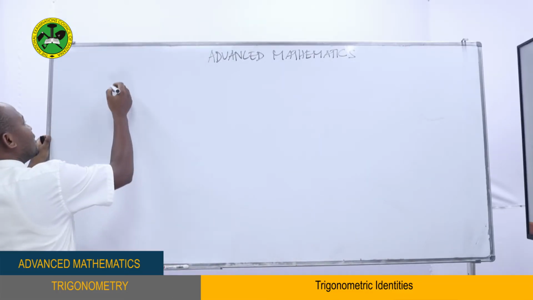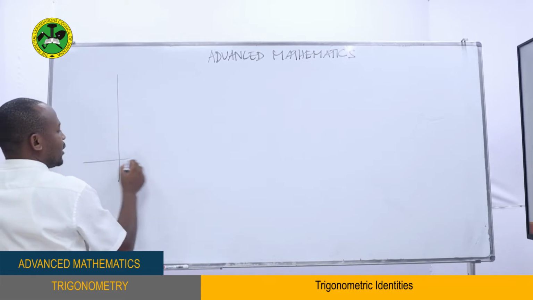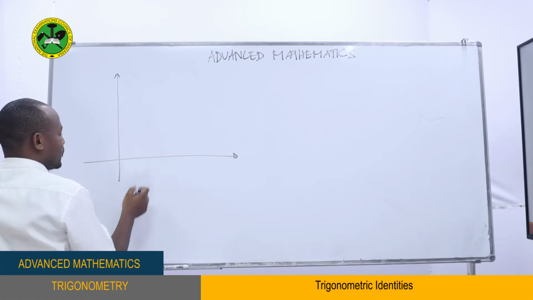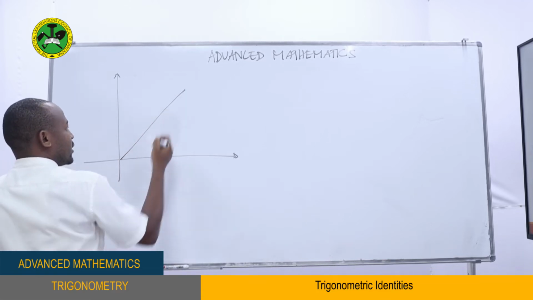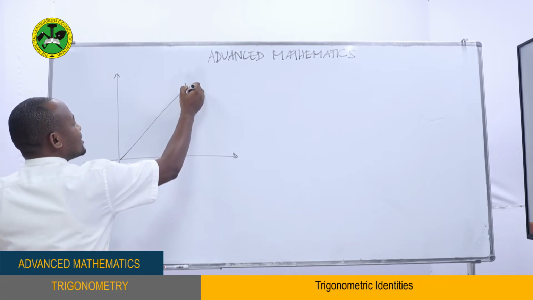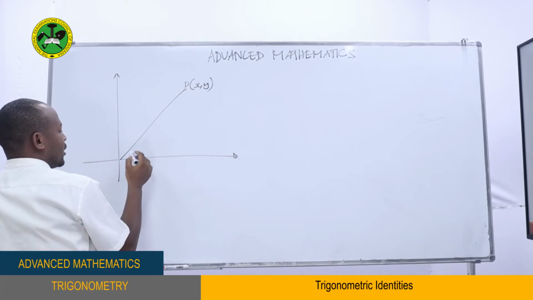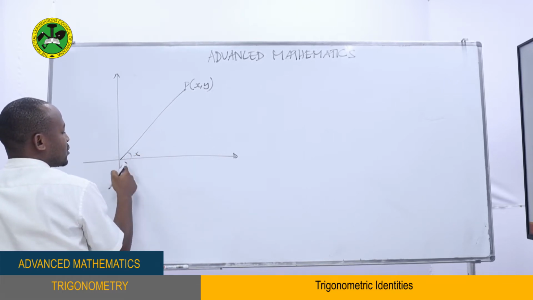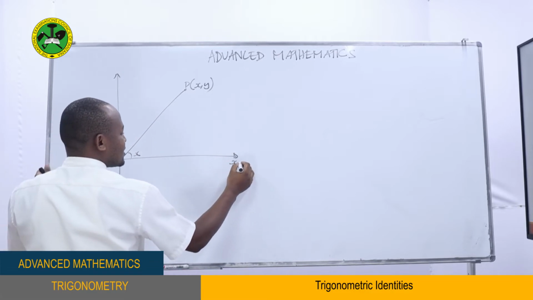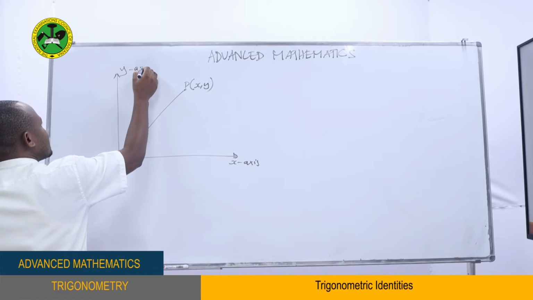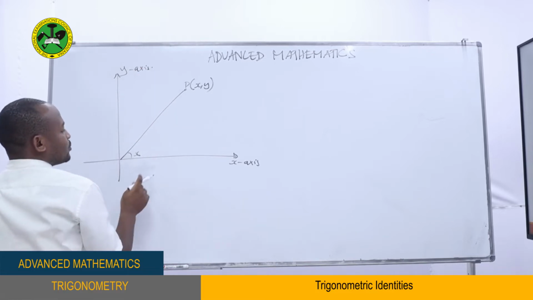Now let's have an xy plane with a point P with coordinates x comma y, meaning that the point P makes the angle x with the x-axis, and that is the y-axis.